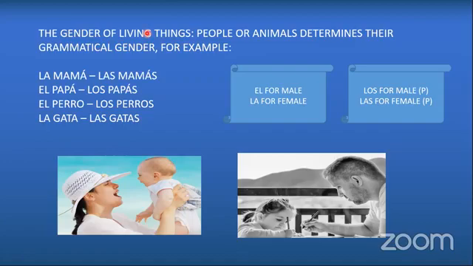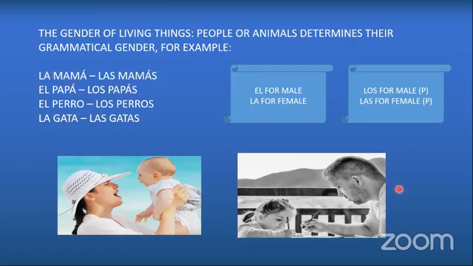So in living things, the sex or the gender of the living thing determines the grammatical gender. Mamá is female. That's why la mamá is the grammatically correct form of this noun. We are talking about mamá as a female, so the article has to be feminine.